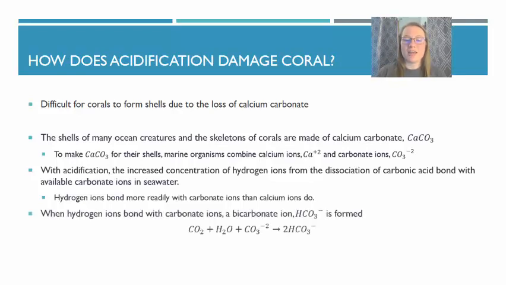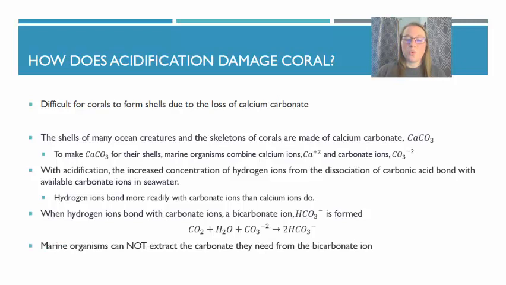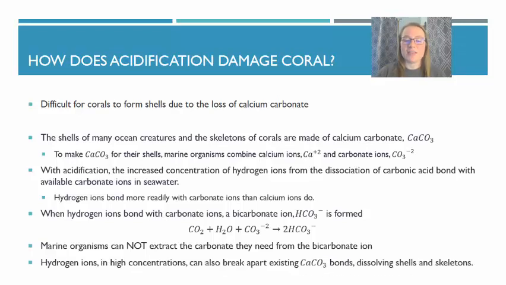So when that hydrogen ion bonds with the carbonate ions, that creates a bicarbonate. And these organisms are not able to extract the carbonate that they need from a bicarbonate ion. And as a result, these hydrogen ions at high concentrations are also going to be able to break down that calcium carbonate and dissolve the shells and skeletons.